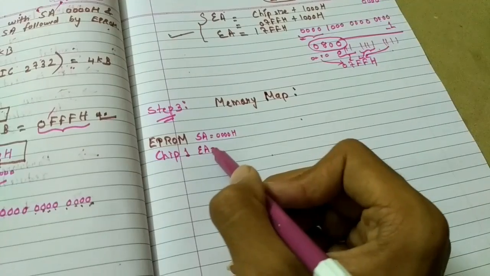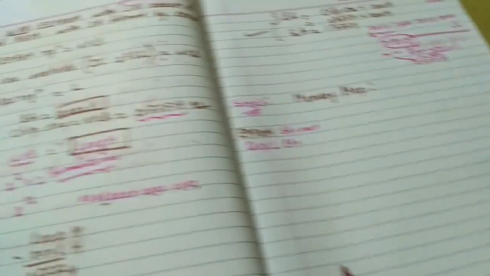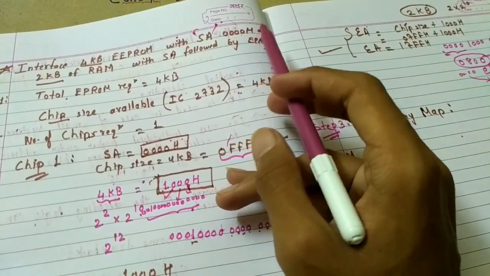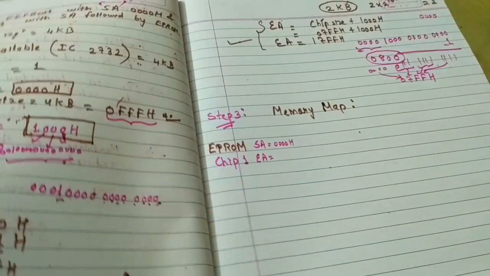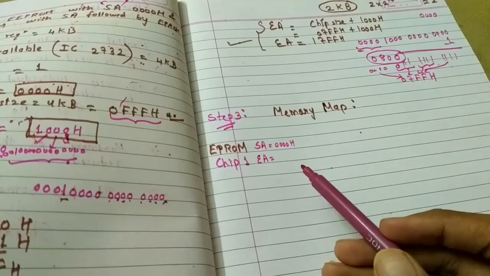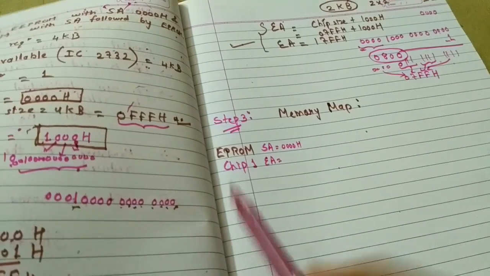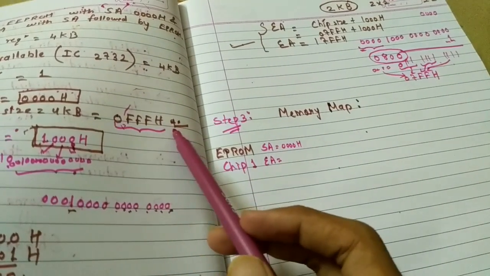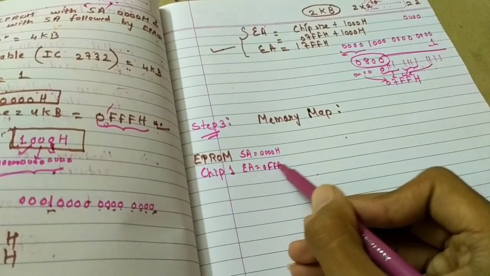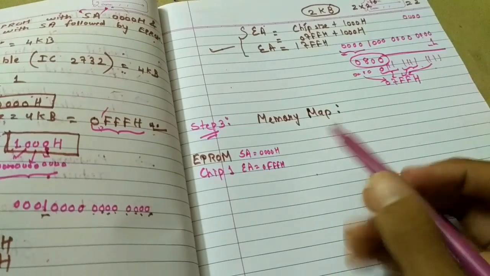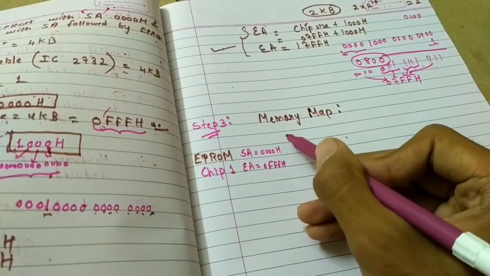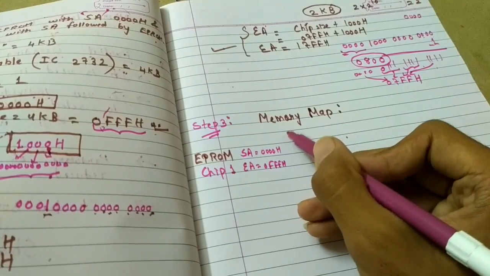The question says the starting address is 0000H. Now the EEPROM size is 4 KB, so 4 KB can simply be written like this: 0FFFH. Now we have 16 address lines, so let's write all those 16 address lines.